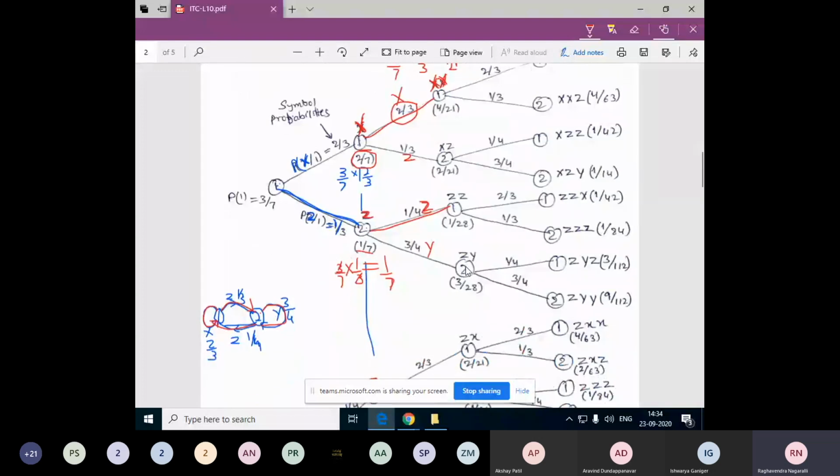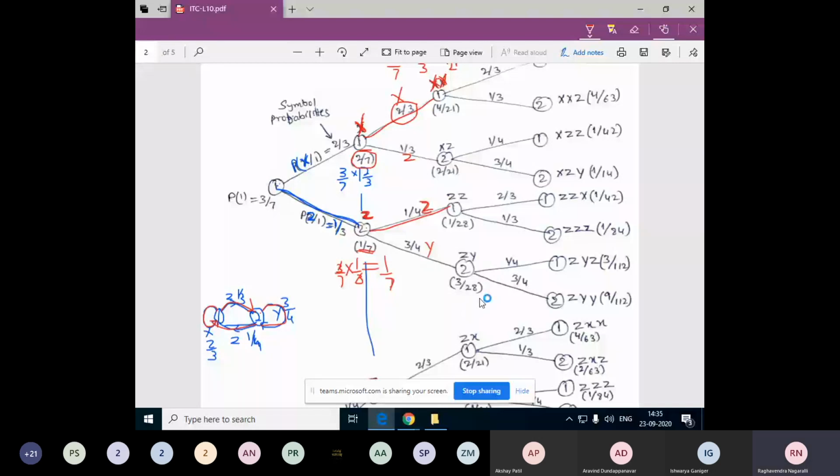Now at this state, already here we have Z. From this state we have a transition, and the symbol emitted during this transition is Y. So ZY is the new symbol at the end of this state, and the final probability is 1 by 7 into 3 by 4, which is 3 by 28.